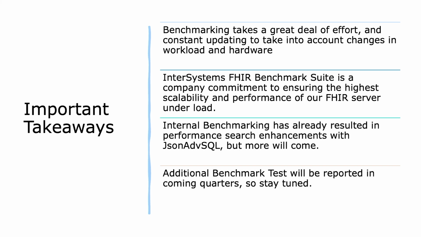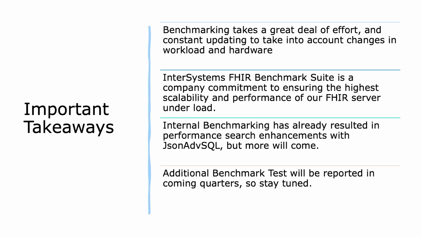But we're planning ahead because we know that FHIR servers are getting ever more data and they're getting ever more load. And so we can't be complacent about this. Our internal benchmarking is really paying off because JSON Advanced SQL was able to show really what would happen with optimizing our search strategy.